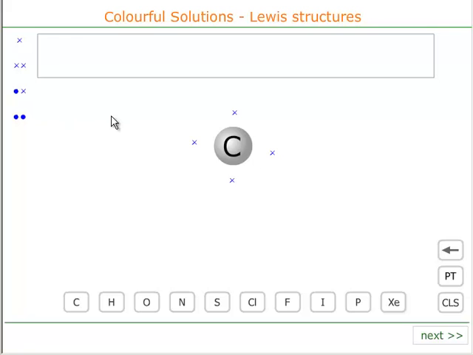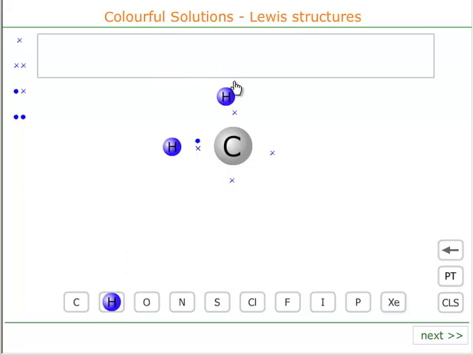We can see that hydrogen, which has 1 electron in the outer shell, could bond to carbon here using 1 electron from the hydrogen and 1 electron from the carbon, and that would make a bond with a shared pair of electrons. But clearly this could happen on all 4 sides.